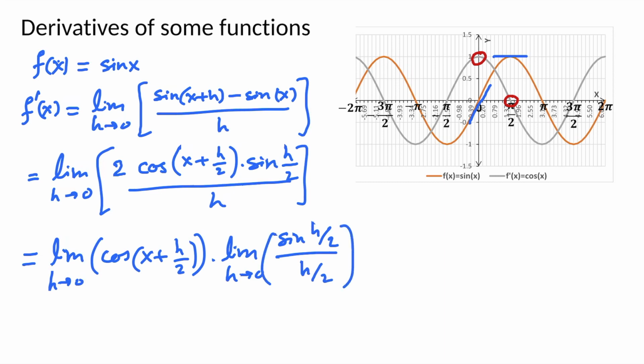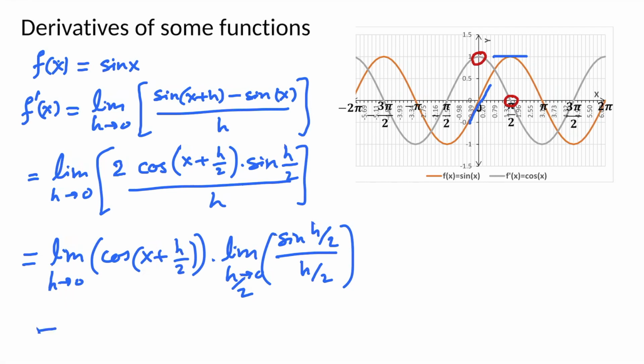And in fact, as h tends to 0, h by 2 also tends to 0. So, we can write this as h by 2 tends to 0, and this we know is 1, and here we simply substitute h equals 0 and we get cos x.